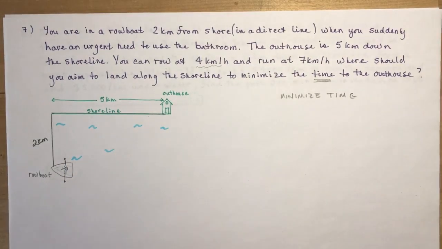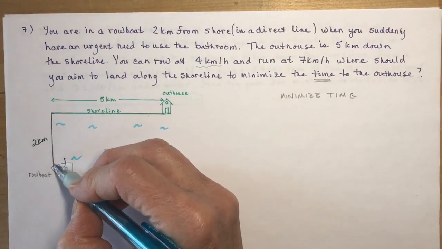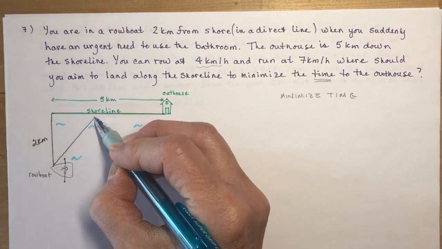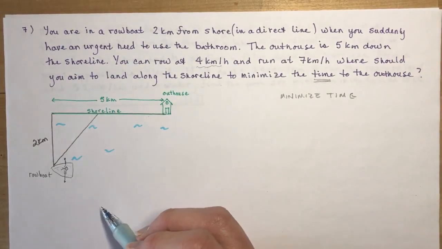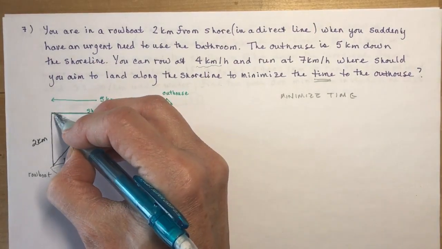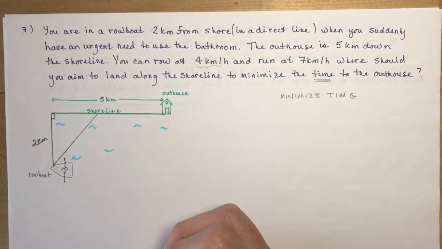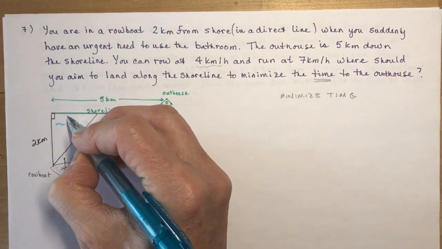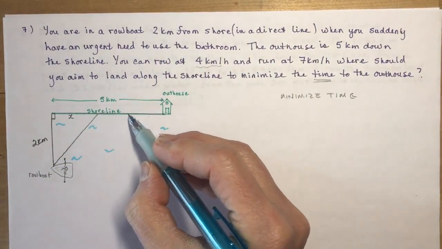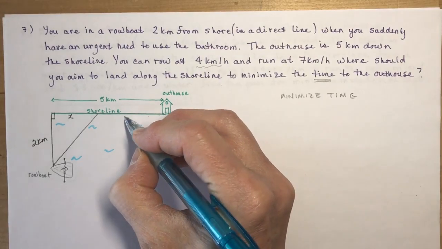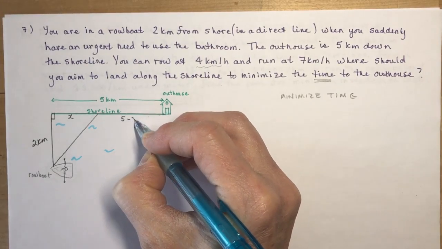Okay, so the key to doing these questions is to draw a line somewhere along the shoreline. Doesn't matter where you put it, it's all just so you can get the picture of what's happening here. Put a right angle in this triangle, call this length here x, and that allows you to label this length here as 5 kilometers minus x, right?